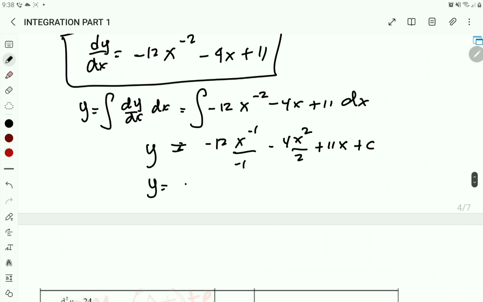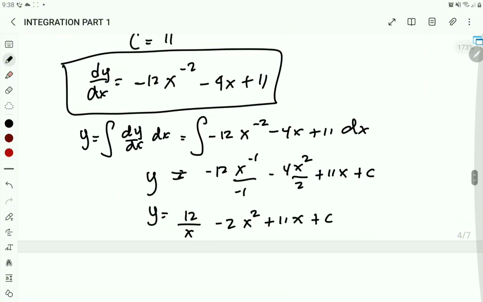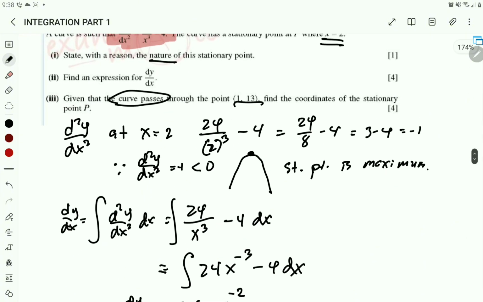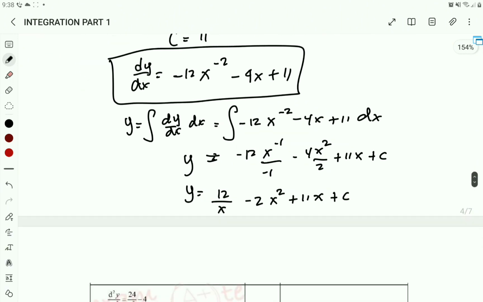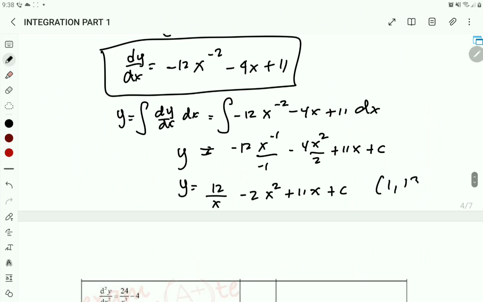Let's simplify this before we continue. So y is equal to 12 over x, minus 2x squared plus 11x, plus c. And it is passing through the point (1, 13), so let's substitute 1 comma 13.